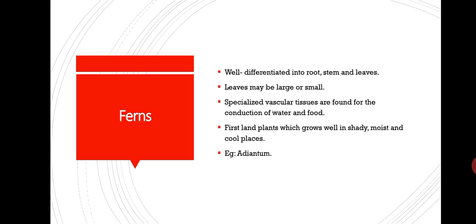These are also considered the first land plants, which grow well in shady, moist and cool places. So these are the plants which grew first on land. An example is Adiantum.